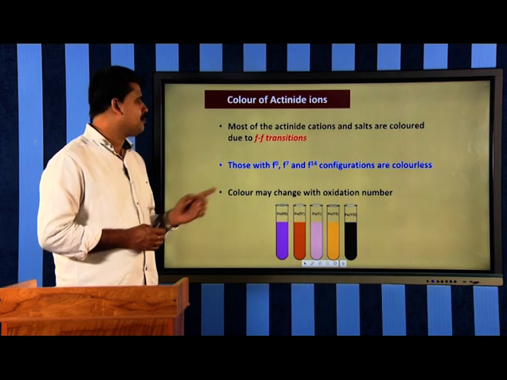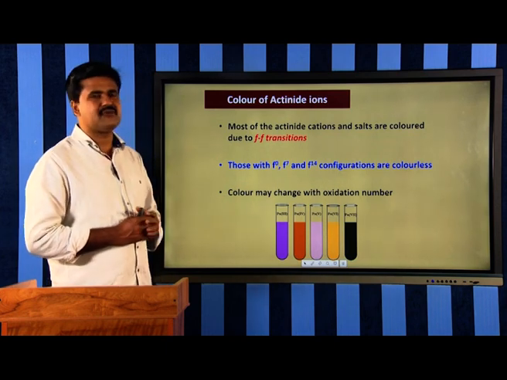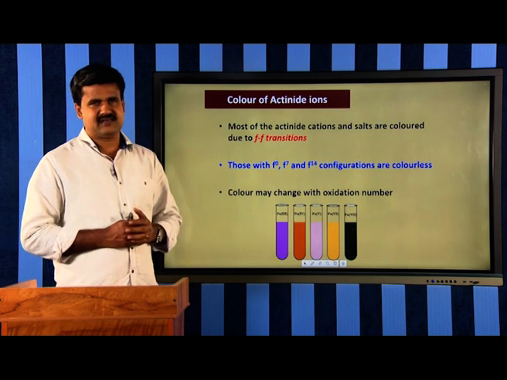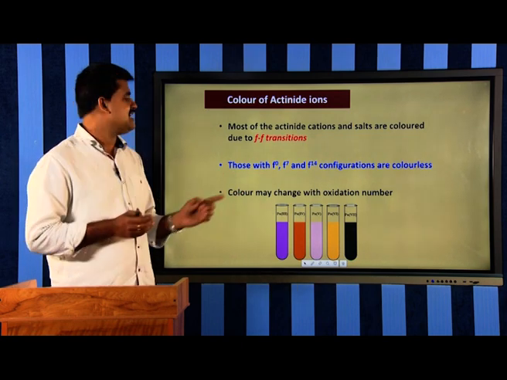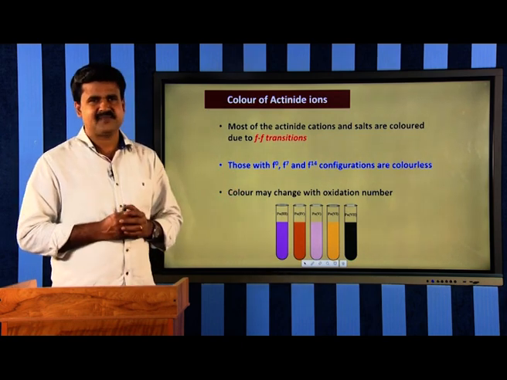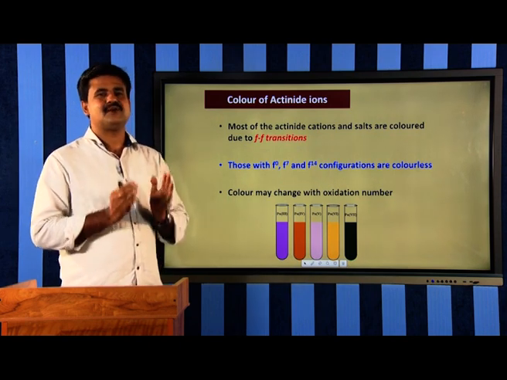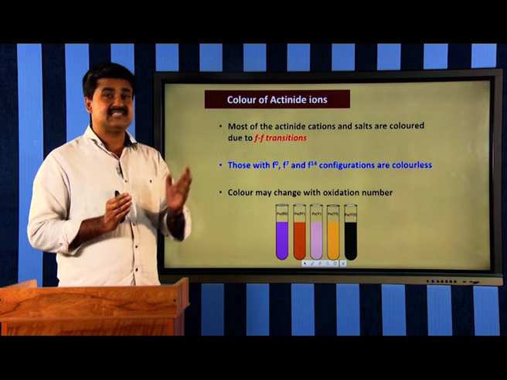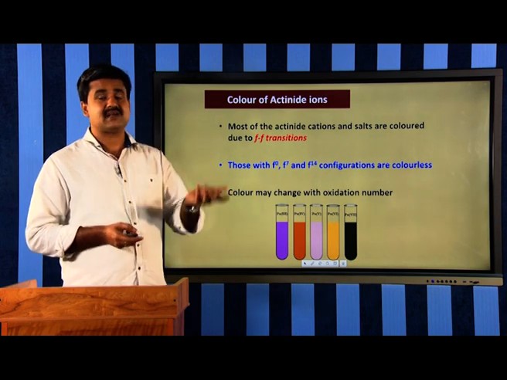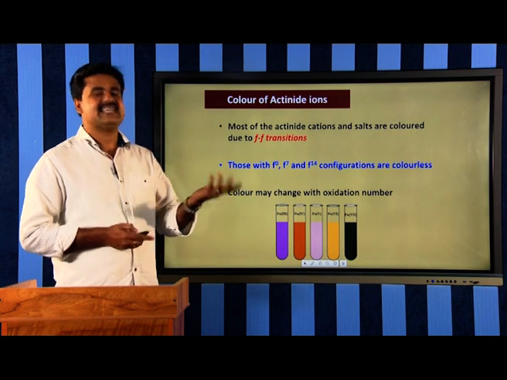For instance, plutonium 3, plutonium 4, 5, 6 and 7 show different colors as given here. That is, the same element under different oxidation states produces different colors. Some may be colorless, some may be more colored, some may be differently colored, etc.